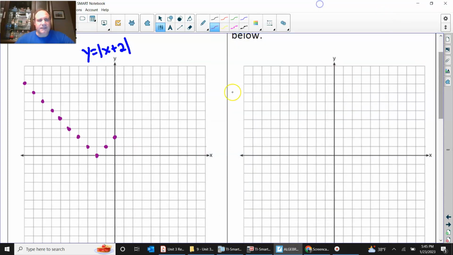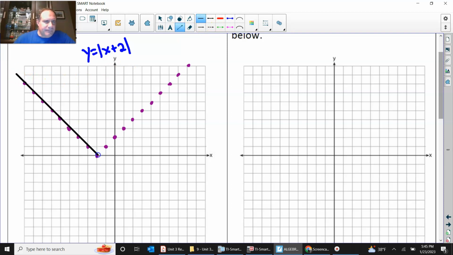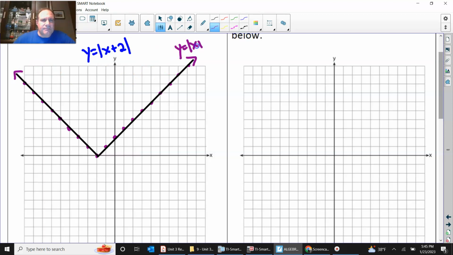Yep, that's it right there. This is not a piecewise function. This is a full absolute value graph. And now I am going to connect all those points, and I'm going to put y equals the absolute value of x plus 2 on that.